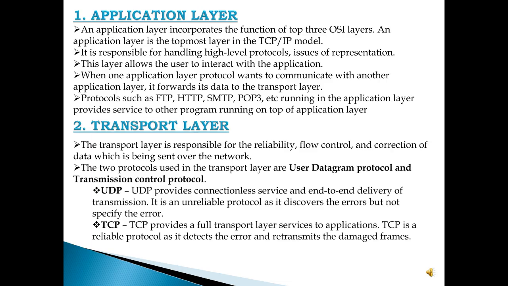It is an unreliable protocol as it discovers the error but does not specify the error. When we talk about TCP, TCP provides a full transport layer service to applications. TCP is a reliable protocol as it detects the error and retransmits the damaged frames.